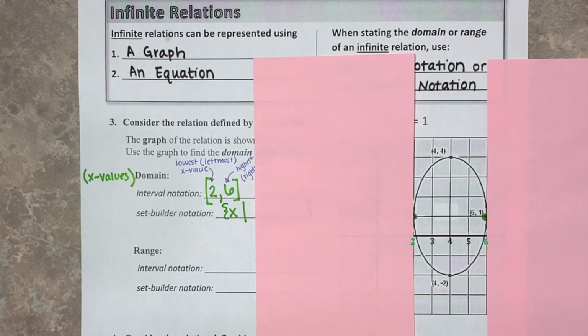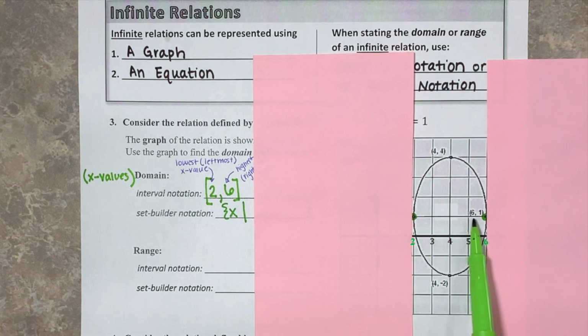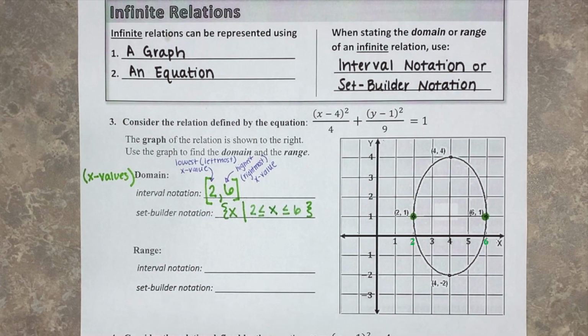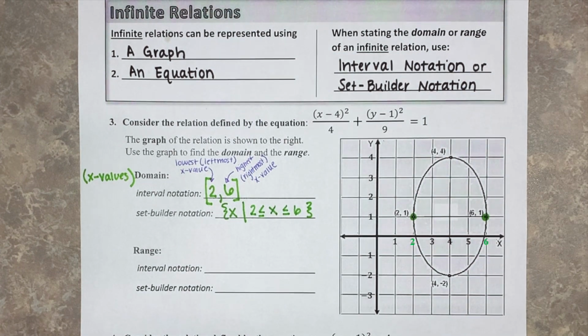Again, we see that all of the x values on our graph range from 2 to 6. So the inequality that we can write to represent the x values on our graph is x is between 2 and 6.